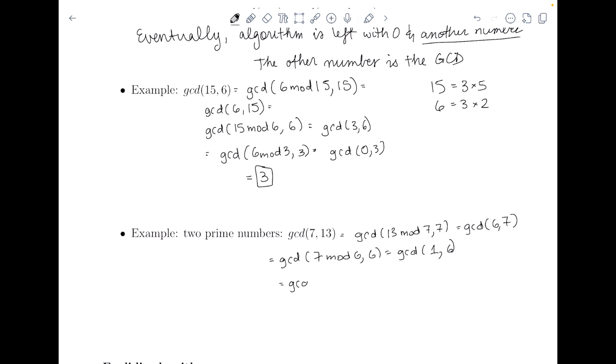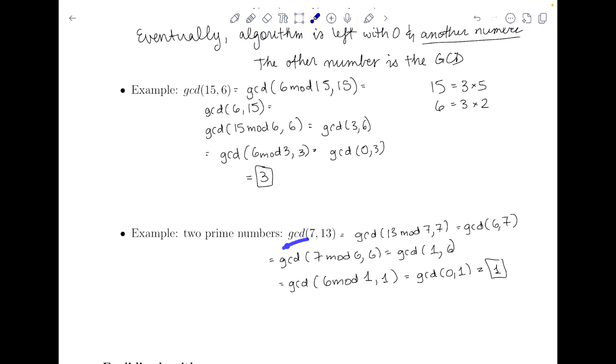And then I'm going to do GCD of 6 mod 1 and 1, which is going to give me GCD of 0 and 1, which is 1. And so this makes sense because I have these two prime numbers, and with prime numbers, the GCD is always going to be 1 between the two of them.